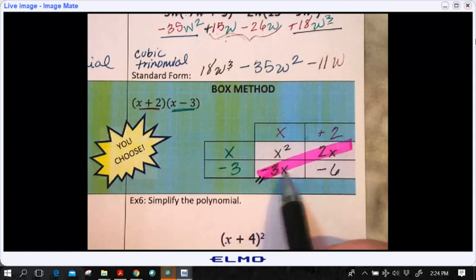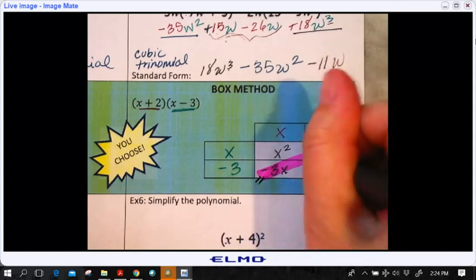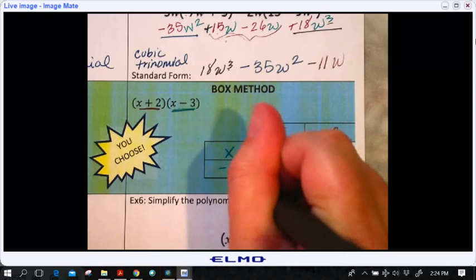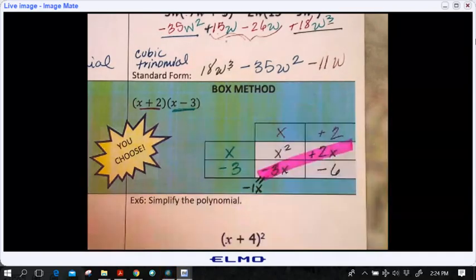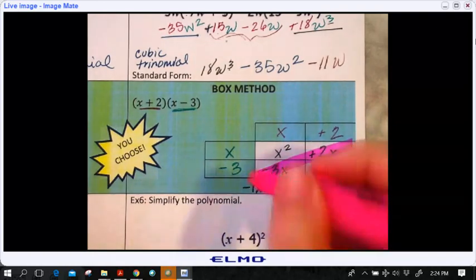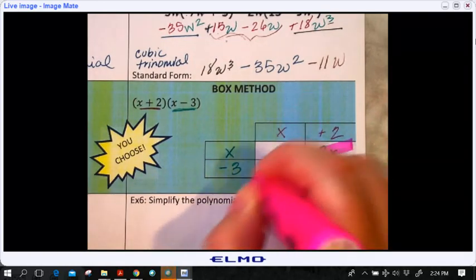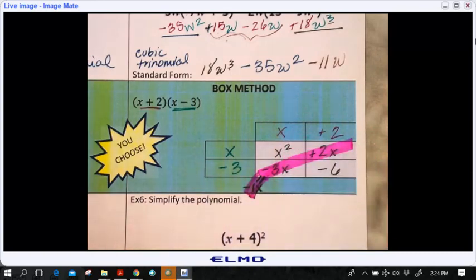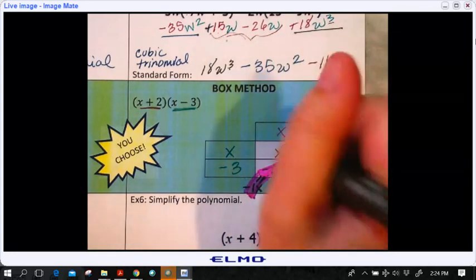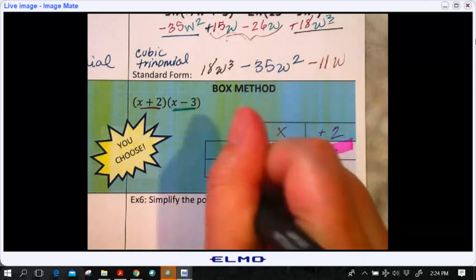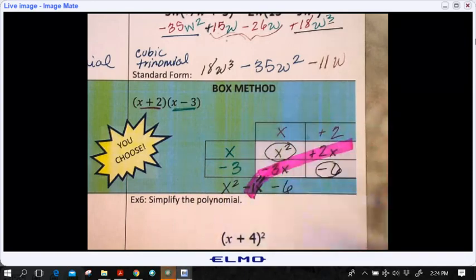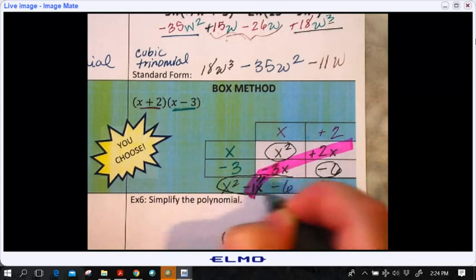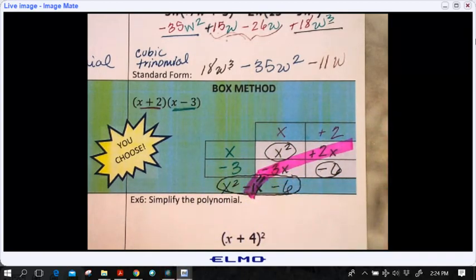So negative 3x plus 2x is negative 1x. Okay, and that's what I got from combining. All right, now I take the other terms, the x squared, and I put it in the front, the minus 6, and I put it in the back. And so that way it is in standard form. And I've simplified everything.